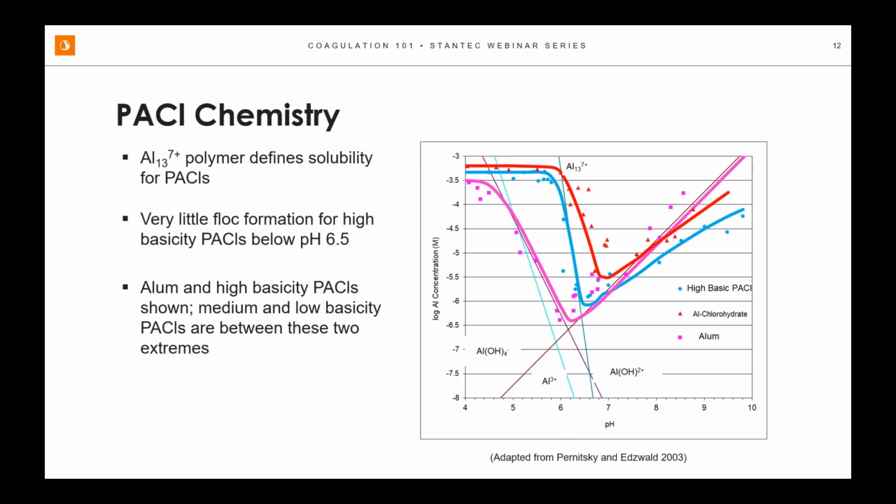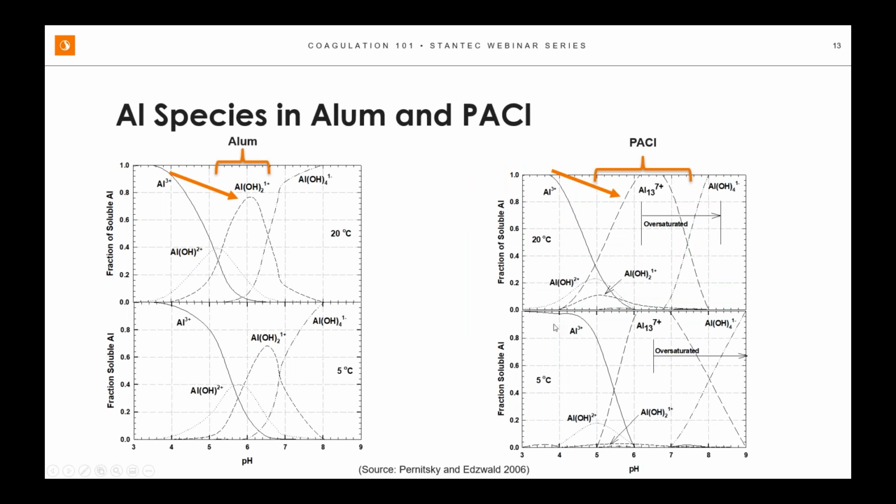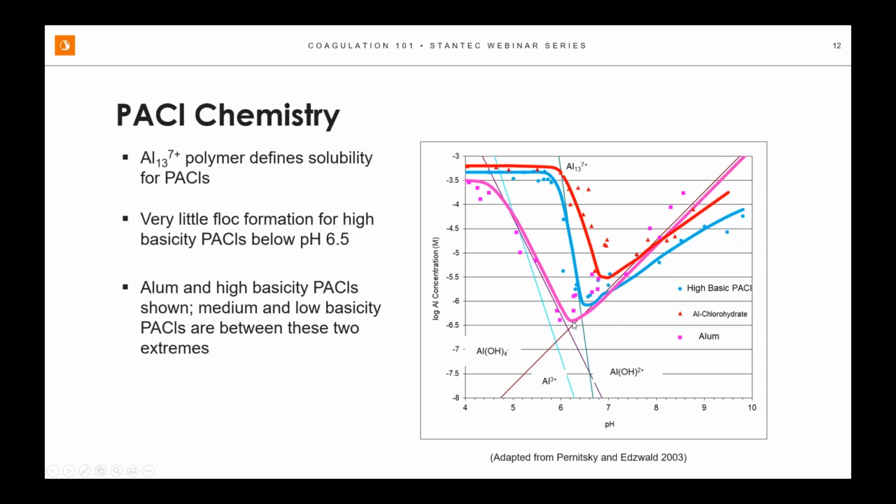So this is that same solubility diagram, just this time with some color. This bright purple is the alum solubility, and this is at 20 degrees. This shows again that at pH 6.2, alum is very insoluble, and its minimum solubility is there. This is some experimental data from some high basicity polyaluminum chlorides and then this very high basicity aluminum chlorohydrate.